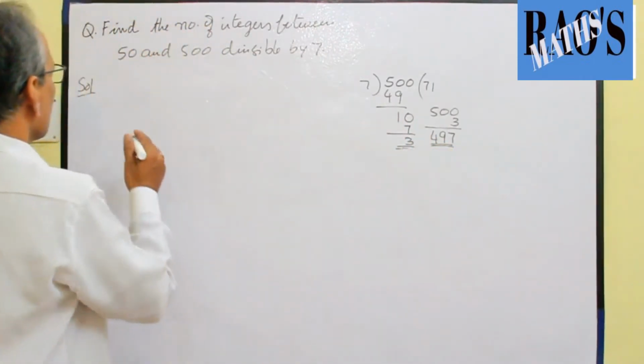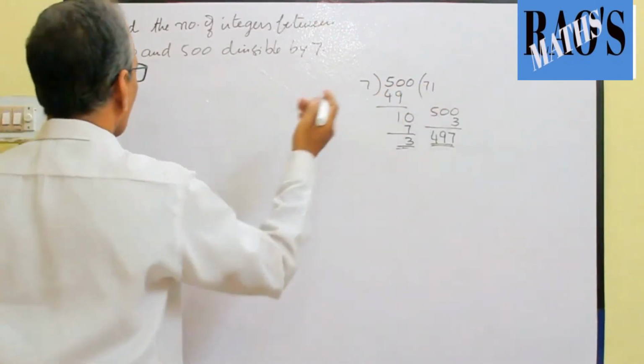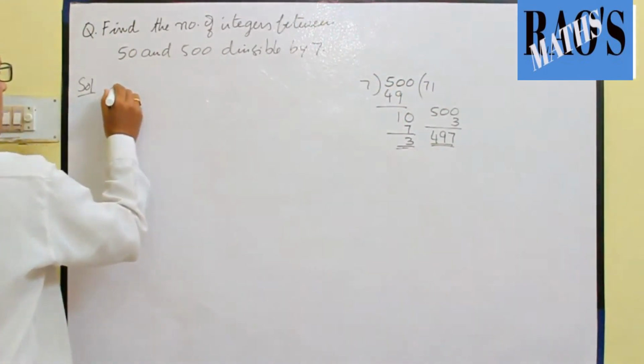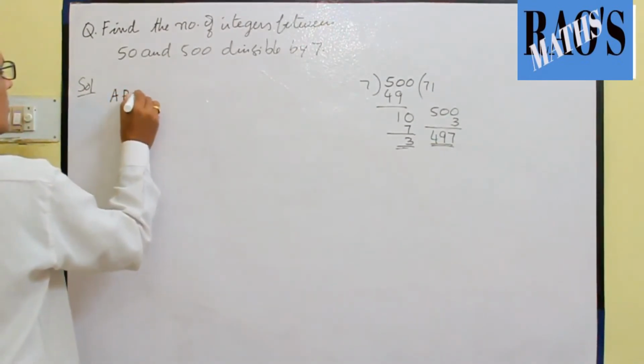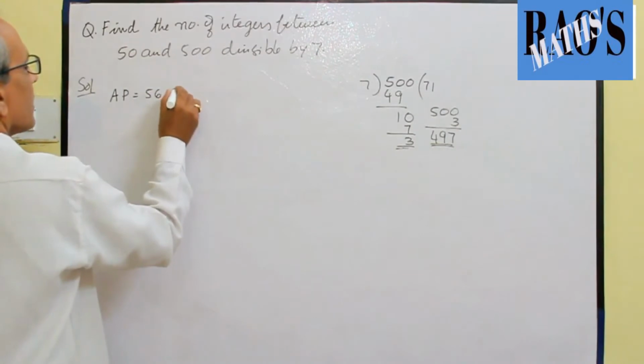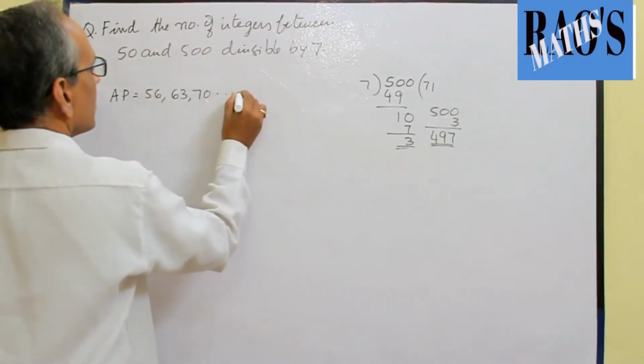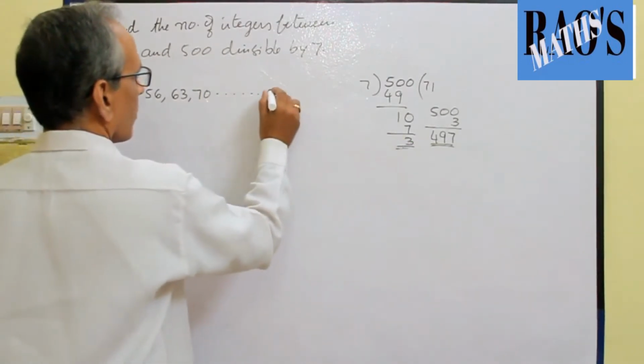So I write here, so we write this also in the rough column in the examination. So the AP is 56, 63, 70 and so on. The last term is 497.